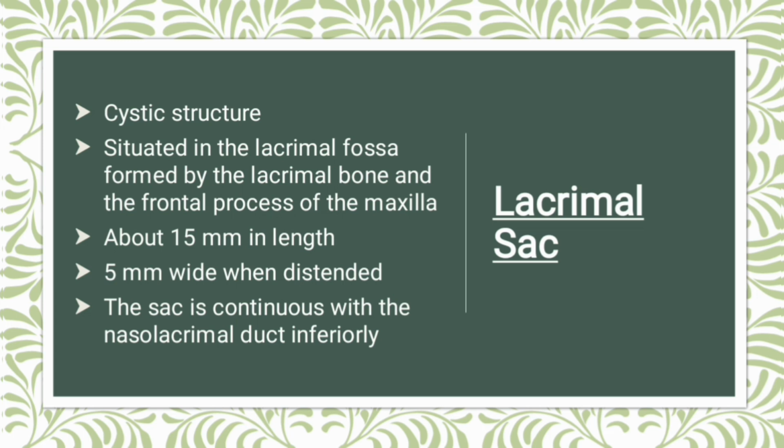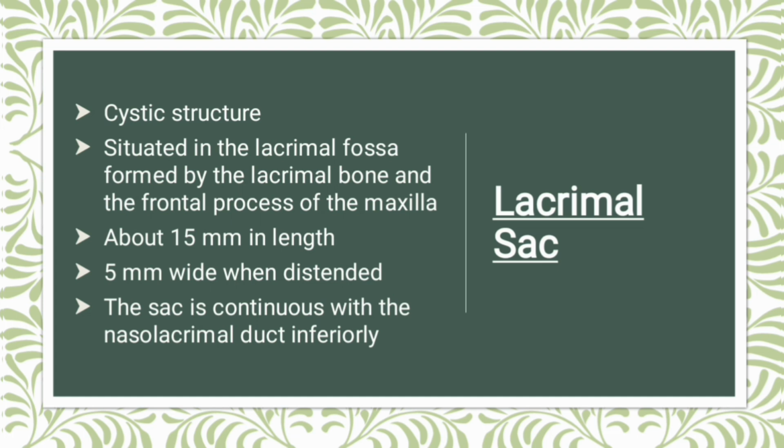In that hollow space is the lacrimal sac, which is about 15 millimeter in length and 5 millimeter wide when distended. So when the lacrimal sac is filled with tears, it is about 5 millimeters in width, right?